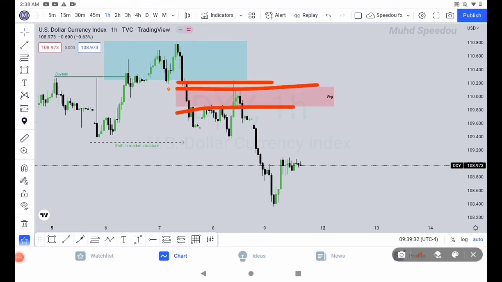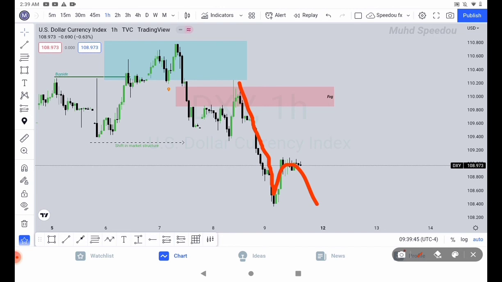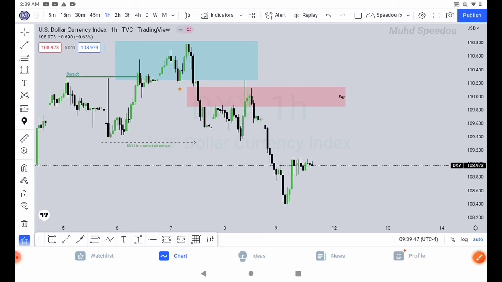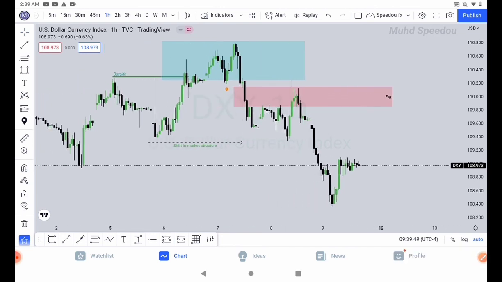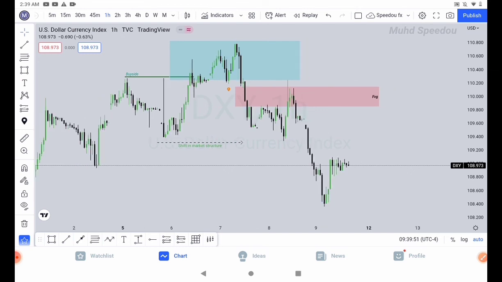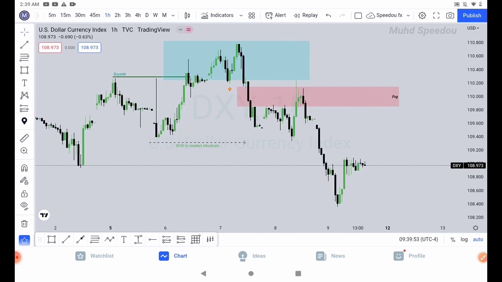We also have a bearish order block, and we can see how price instantly dropped from the PD array and made a low. This means that our high time frame analysis, our high time frame bias, is still on track. So now I'm personally very bearish on the dollar, and I will be expecting lower prices on the dollar index this coming week.